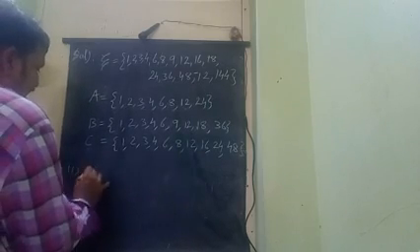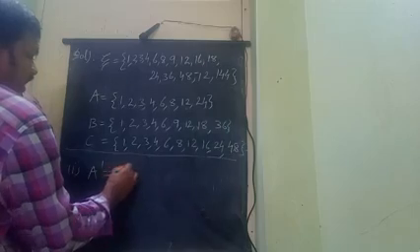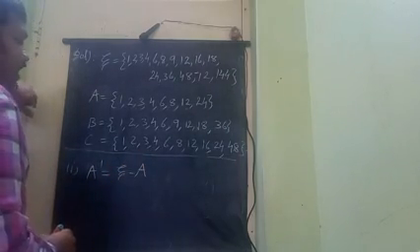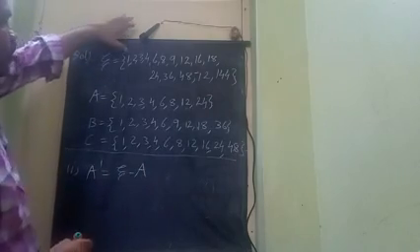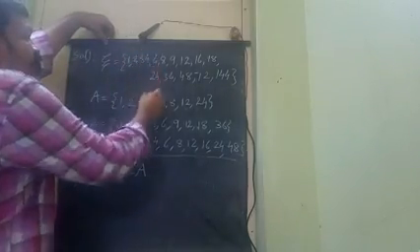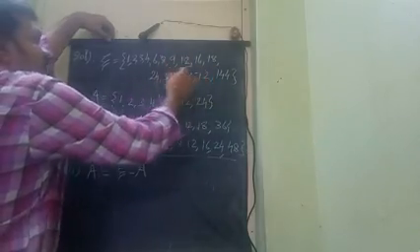The first question given is A dash. A dash means universal set minus A. Here we strike off the common ones: 1, 2, 3, 4, 6, 8, 12, 24.